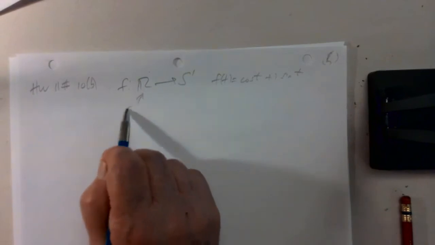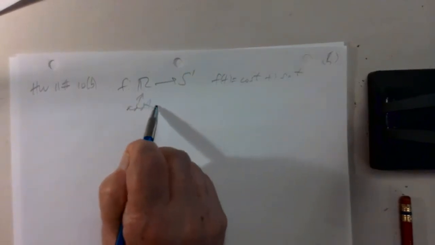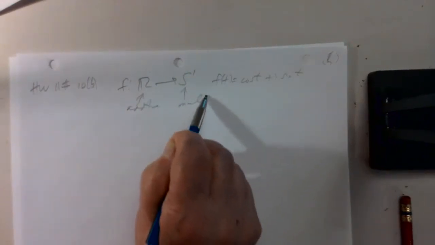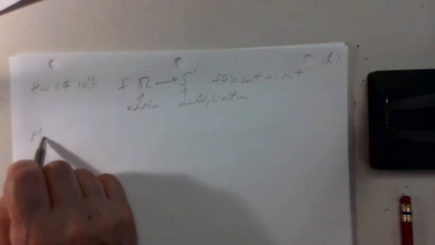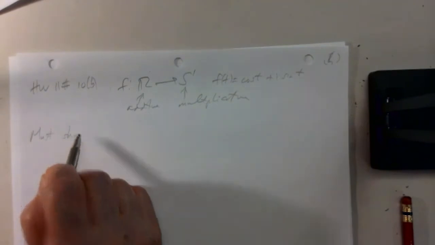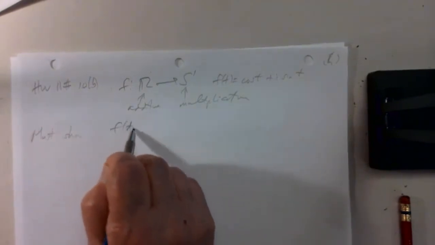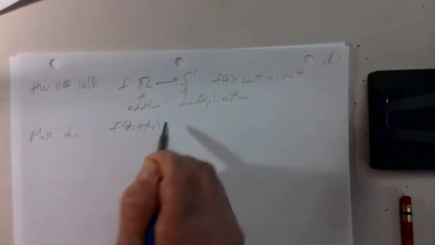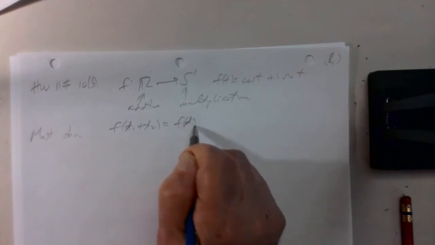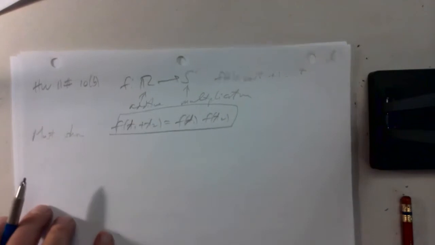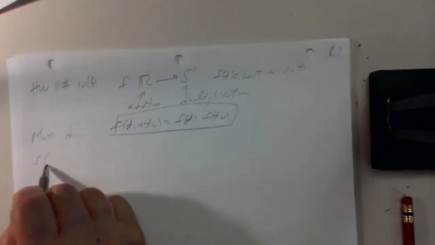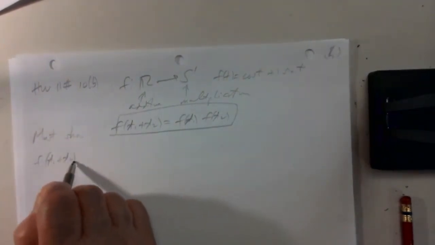To prove this is a homomorphism, this group is additive and this group is multiplicative. So we must show that f of t1 plus t2 is f of t1 times f of t2.